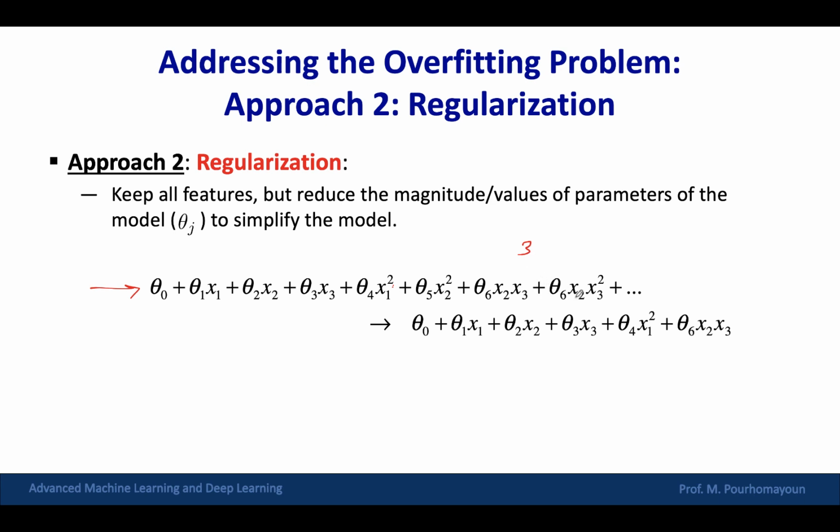So I make my model simpler by, for example, setting theta 6 equal to 0. So I remove this part and make theta 5 0 to get rid of this part. So my model will be a little bit simpler by removing some of these elements. And this is my new model.